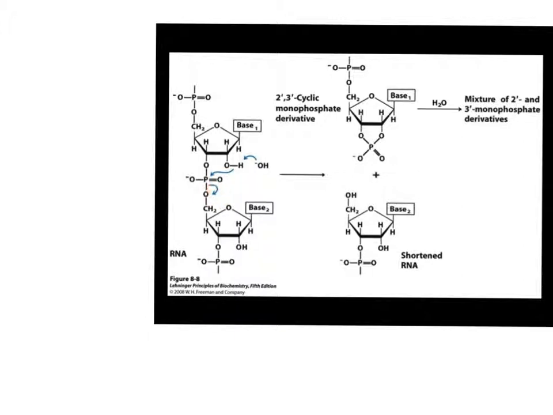And we have an excellent leaving group on the adjacent nucleotide. And so you result in a 5' hydroxyl group and what's called a 2', 3' cyclic phosphate. This 2', 3' cyclic phosphate is the resulting product.